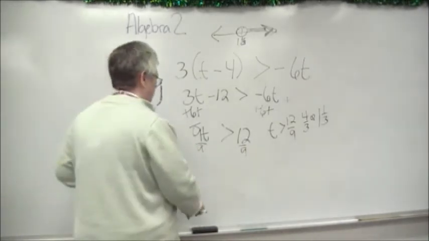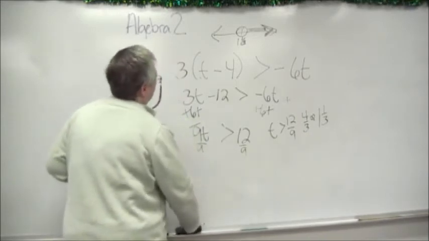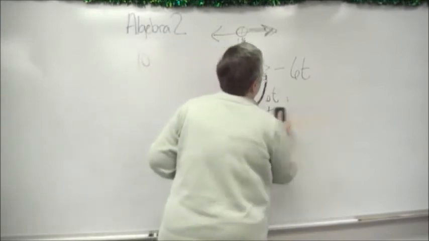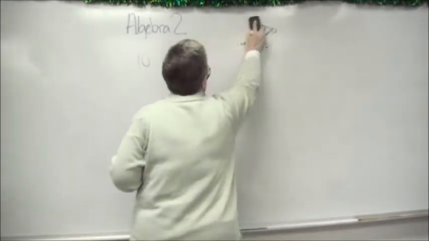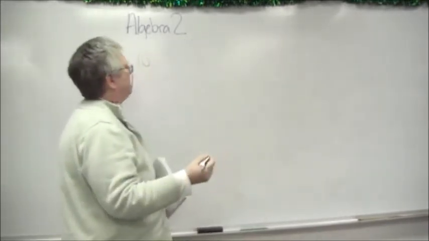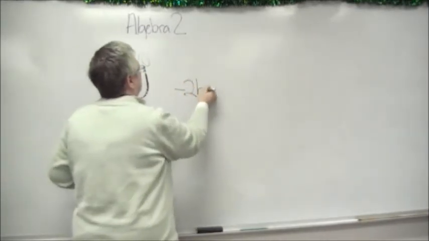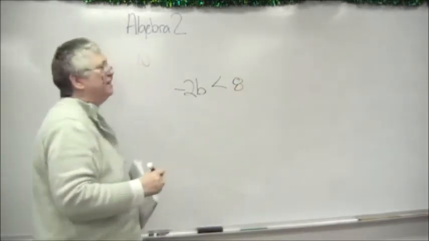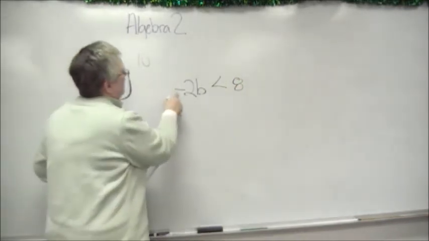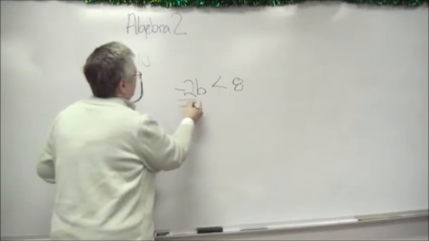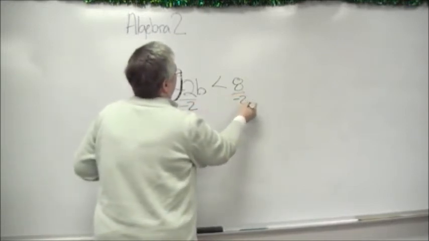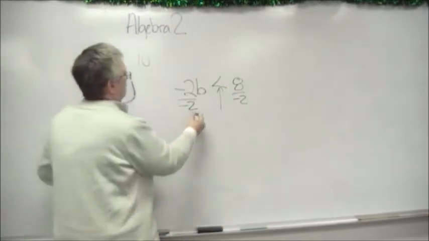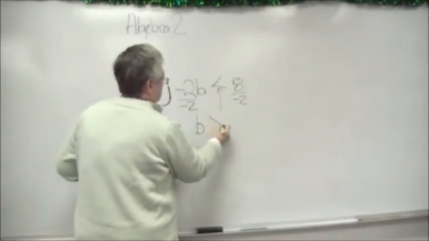All right. When you go through all that work and end up with, let's say, -2b less than 8, if you divide by -2, that switches the inequality, so you have to switch it the other way.